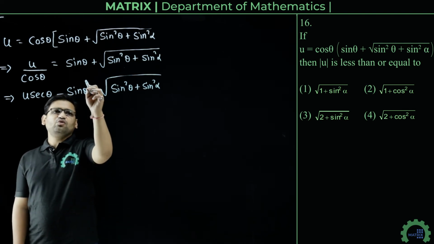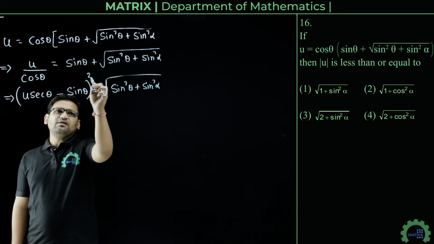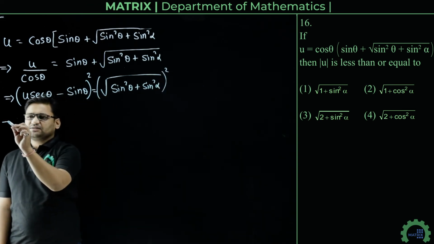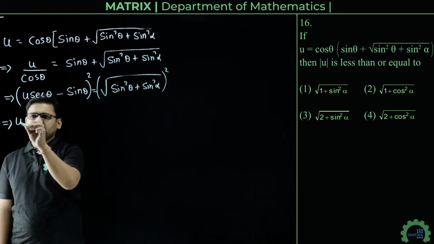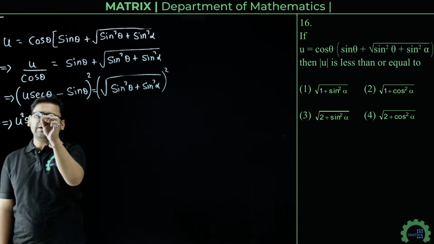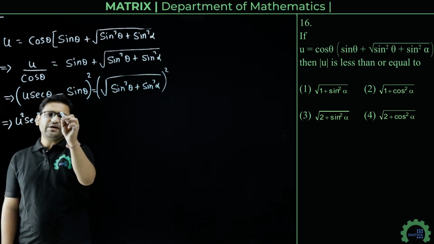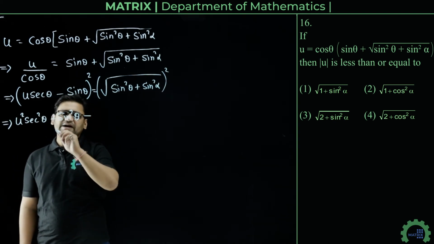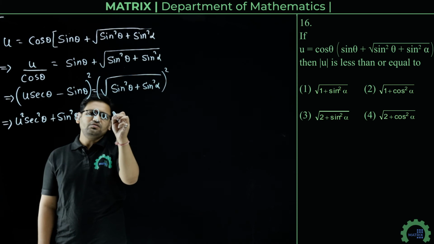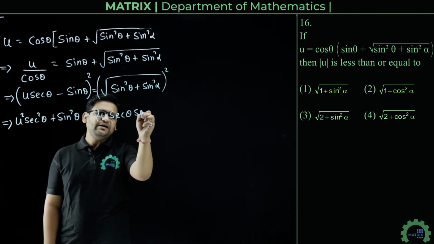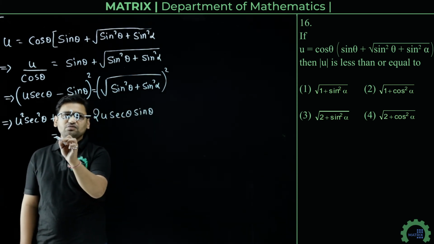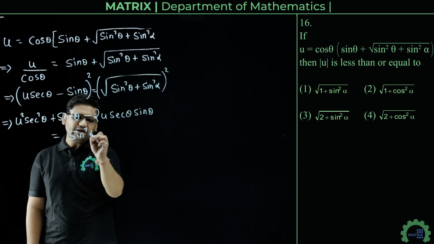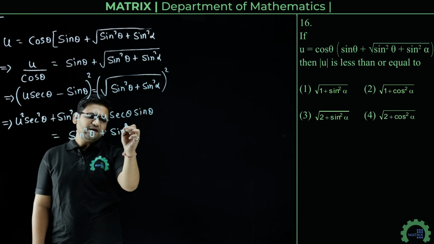Now taking square on both sides, LHS will be u square sec square theta plus sin square theta minus 2u sec theta into sin theta, equals sin square theta plus sin square alpha.